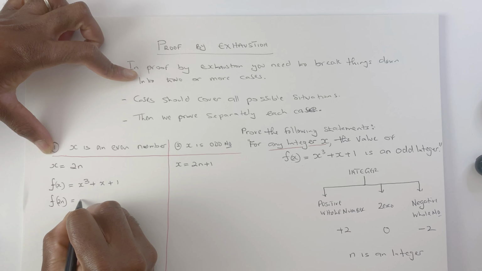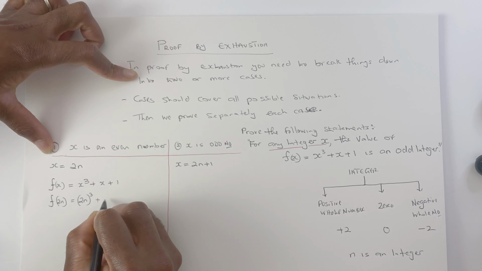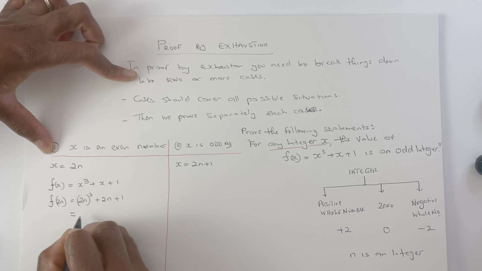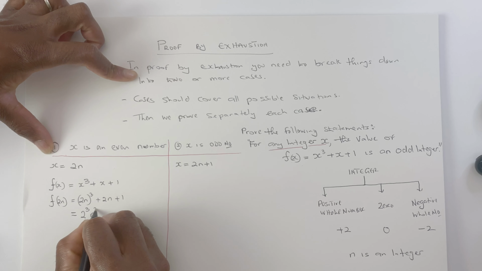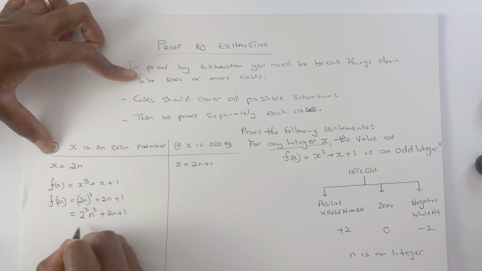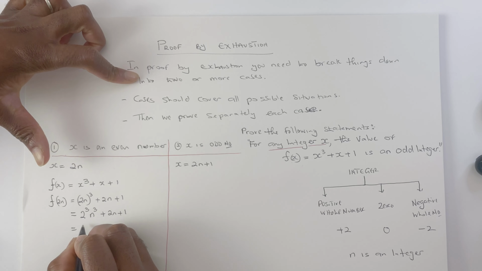f(2n) becomes (2n) cubed plus 2n plus 1, which means 2 to the power of 3 n cubed plus 2n plus 1. 2 to the power of 3 is 2 times 2, 4, 4 times 2, 8.